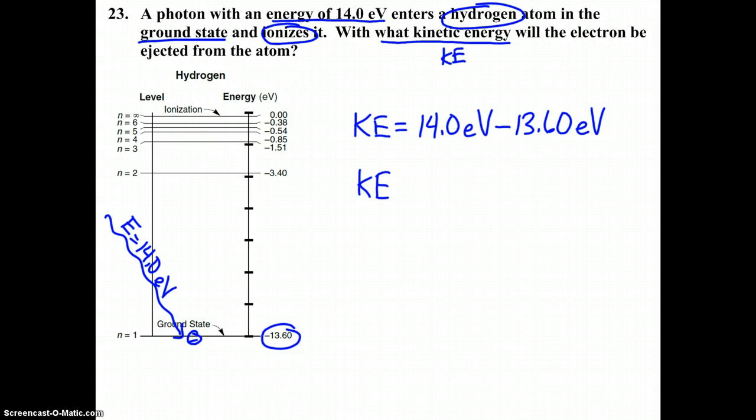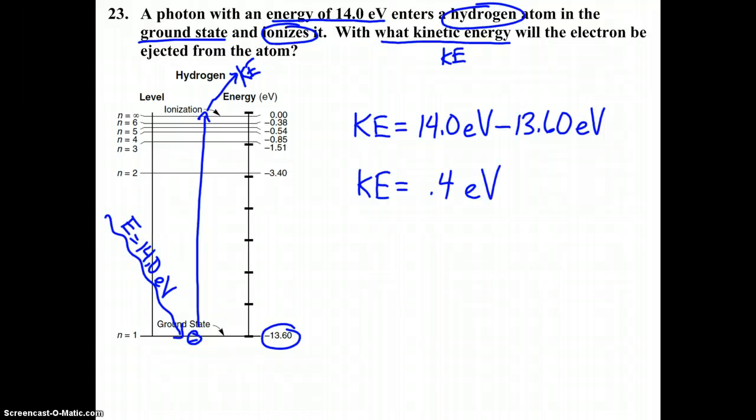The remaining amount gets imparted to the electron in the form of kinetic energy. Okay? All right, so we go ahead and we subtract, and we should get, of course, 0.4 electron volts of energy.